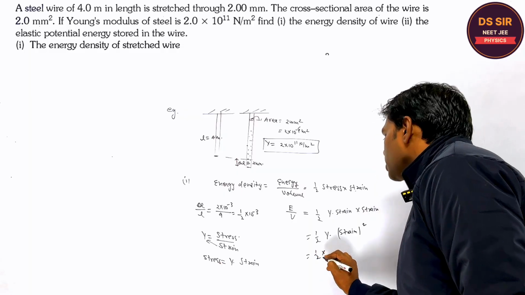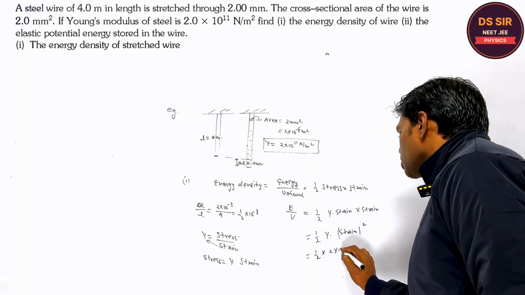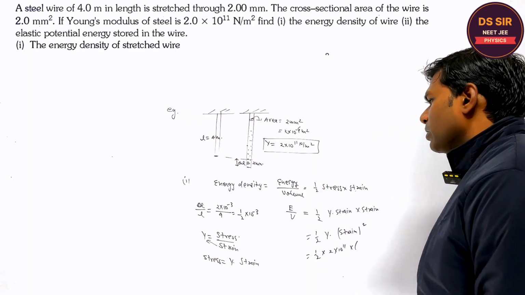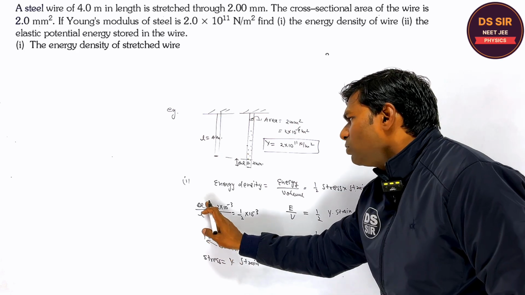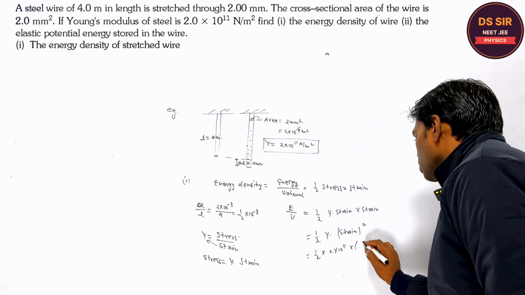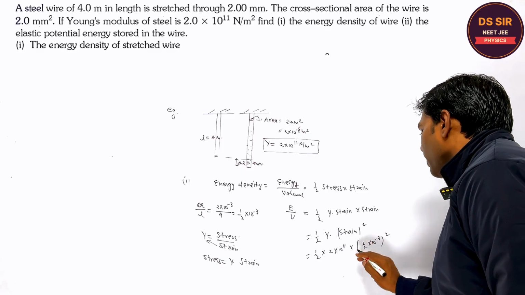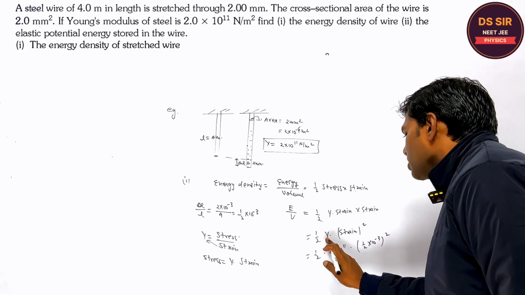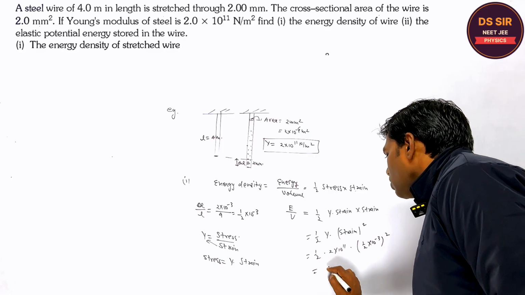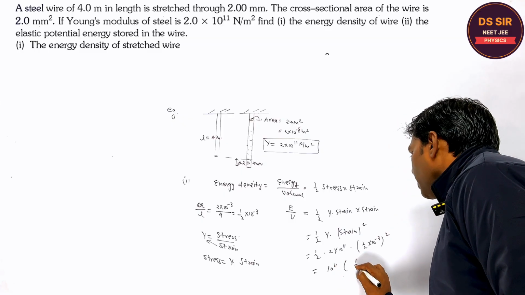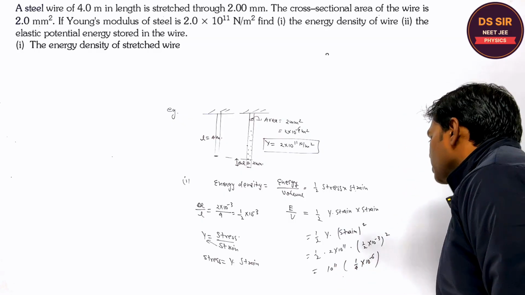So the Young modulus is given as 2 into 10 to the power 11. What is the strain? The strain I have found, delta L upon L is equal to 1 by 2 into 10 to the power minus 3, whole square. Fine. This is the strain. This is the Young modulus. So 2 will cancel out. 10 to the power 11, 1 by 4 into 10 to the power minus 6.